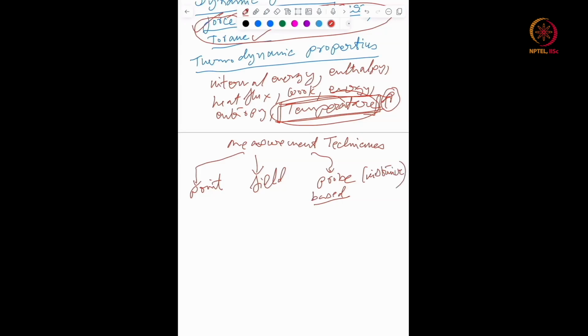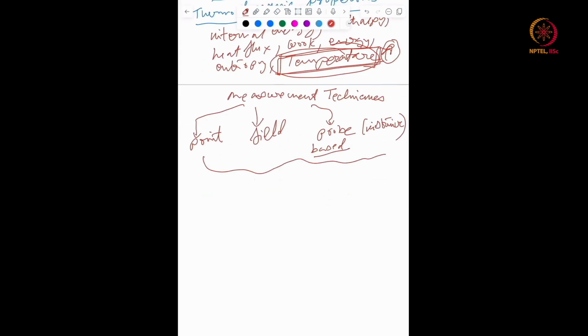These are the measurement techniques that we are going to use, and almost invariably all of them will have lasers, light sources, optics, cameras, photomultipliers, and all these.